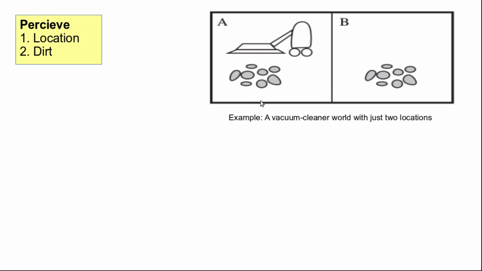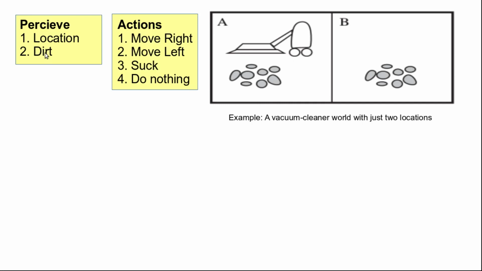If it is dirty, it has to clean the room. So it will perceive 2 different things: its location, and whether the room is dirty or not.